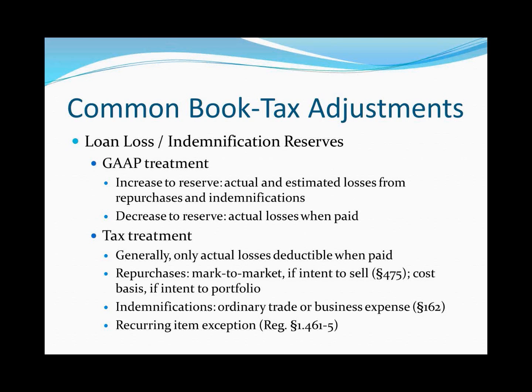If the intent is to hold the loan in your portfolio, then you would take cost basis, so whatever you pay to repurchase that loan would go on your tax records at cost basis. That would be the basis you would use if you ultimately are able to sell the loan, or if it becomes an REO property after foreclosure or something like that.